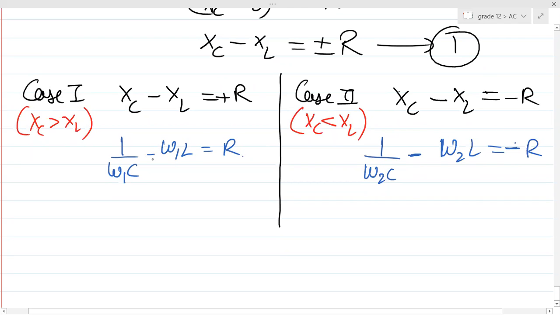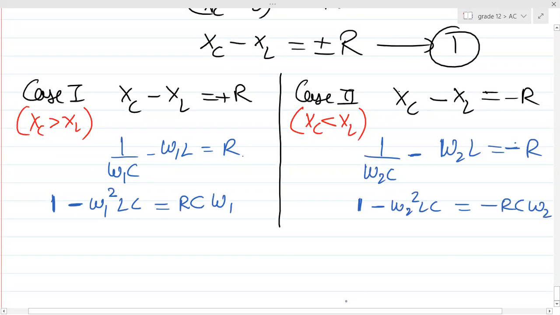Now, can you see here a quadratic will be found? Everyone can see a quadratic getting found. So 1 minus, guys, can you see over here, omega 1 into omega 1 is basically omega 1 square LC is equals to R into C into omega 1, and here it will be 1 minus omega 2 square LC will be equals to minus of RC into omega 2.